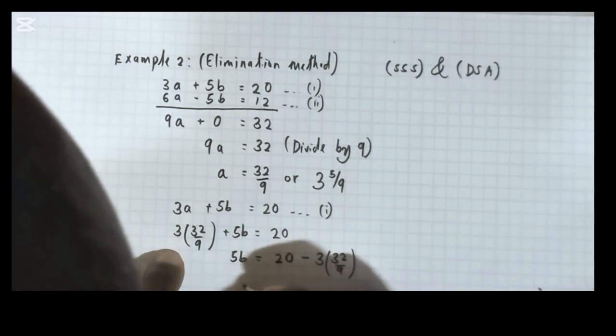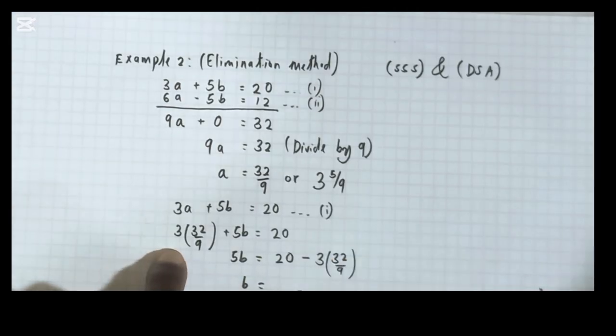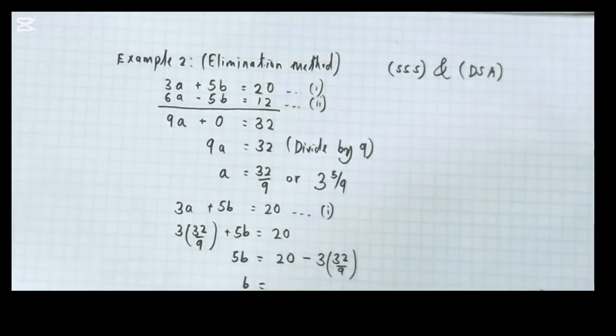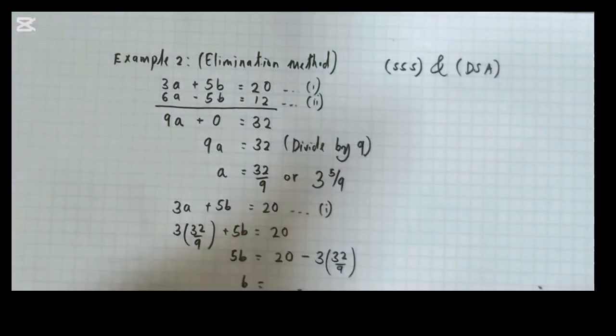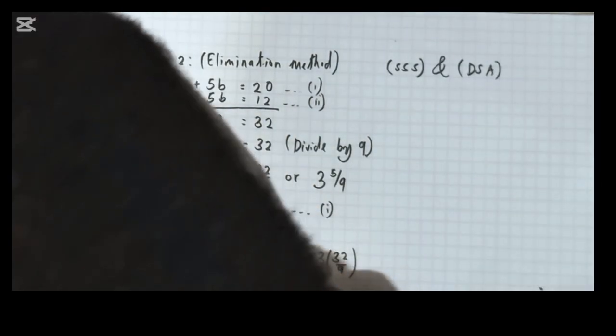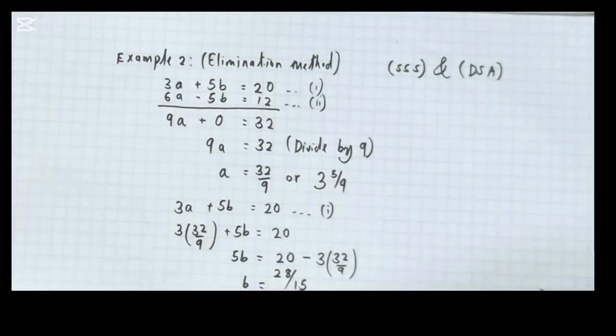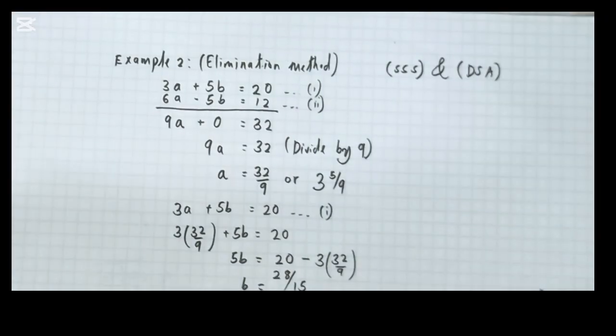When you simplify this, you'll note that the value of b will be 28 all over 15. So basically that will be the value of b in this particular problem.